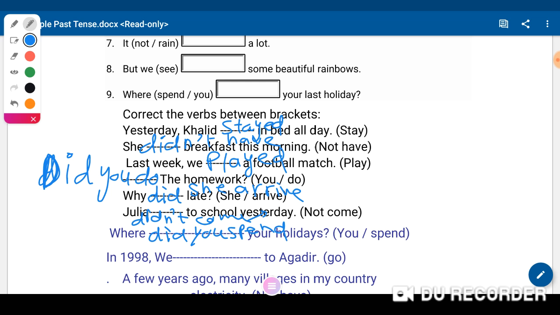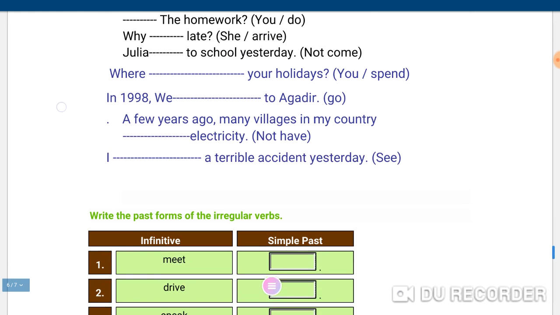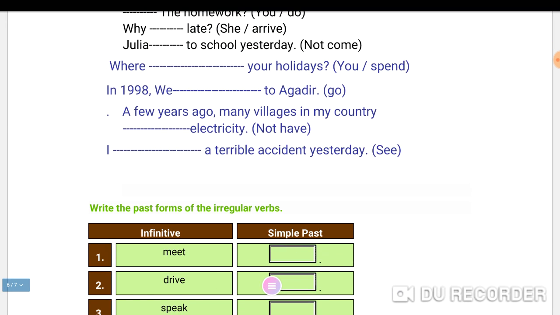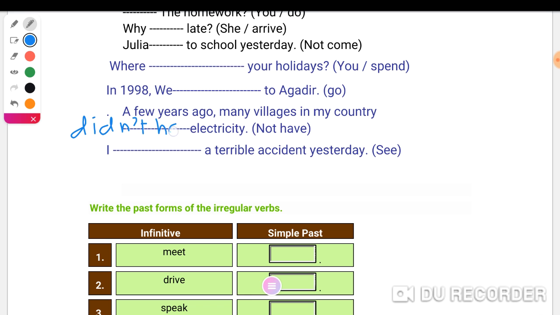In 1998, an old date, we went to Agadir. A few years ago, in many villages in my country, electricity didn't exist, because of didn't have electricity.